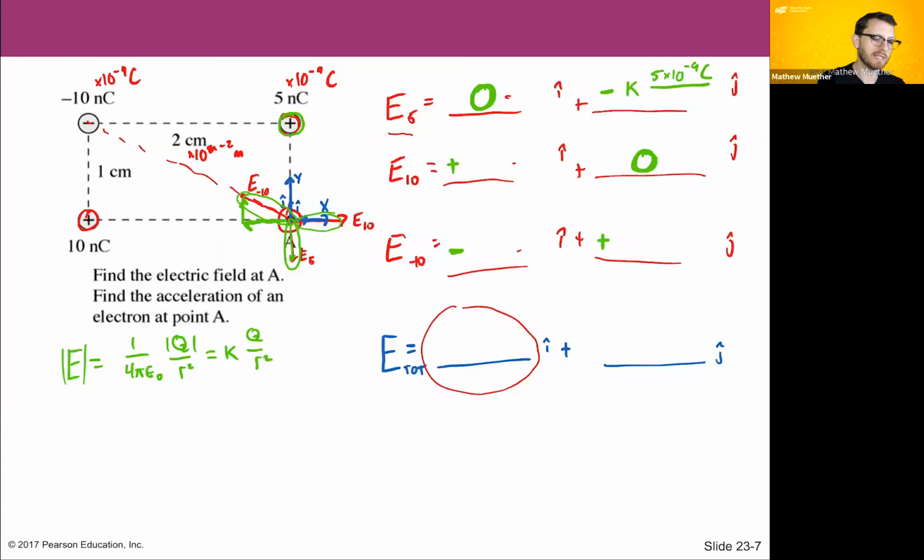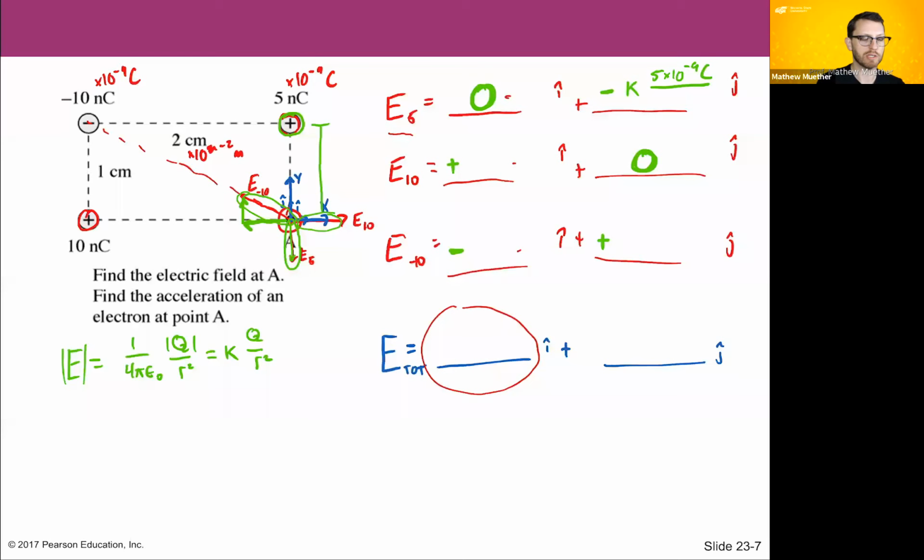I want to find the distance between that 5 nanocoulomb charge and the point A that I'm trying to establish the electric field for. Okay. I can read that off. I see that's 1 centimeter, so this is 1 times 10 to the minus 2 meters, all that squared.